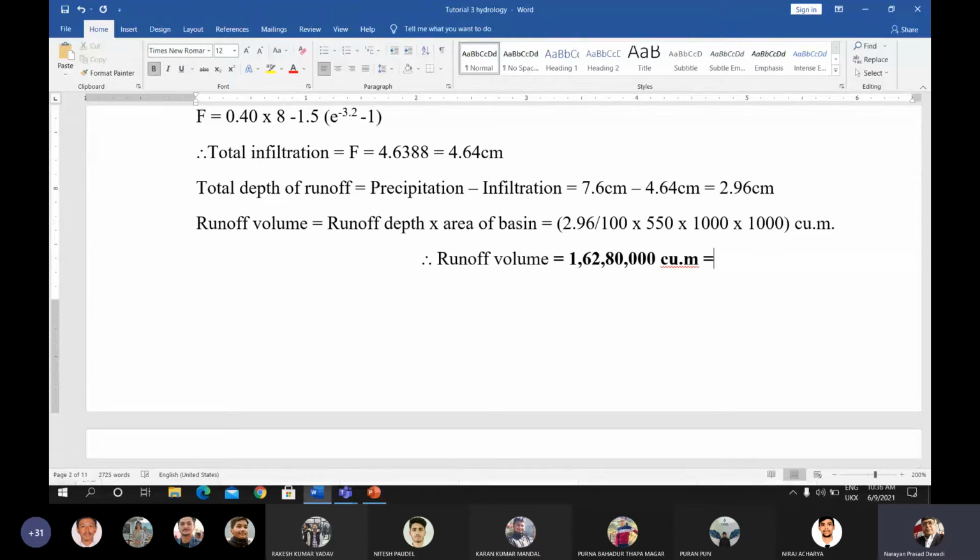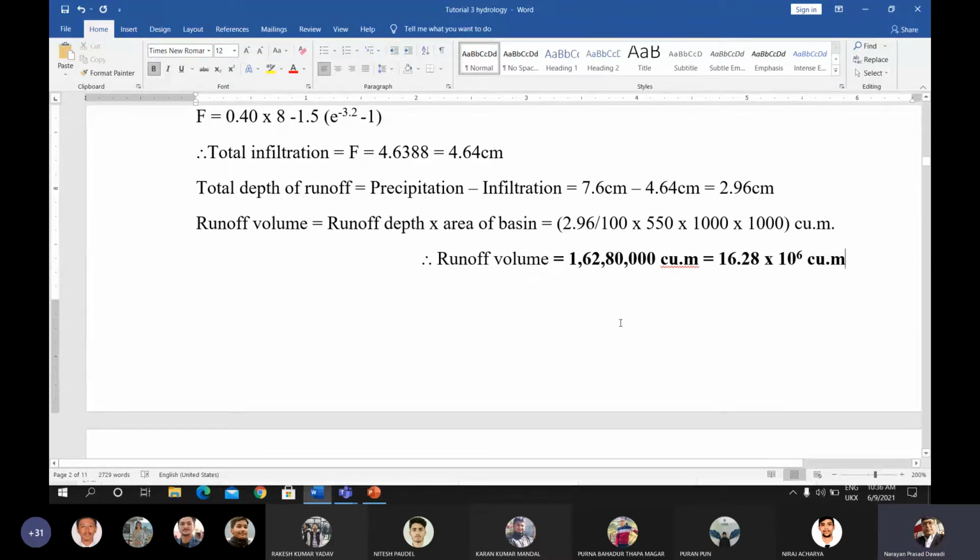Divided by 10 power 6, it becomes 16.28 million cubic meter.